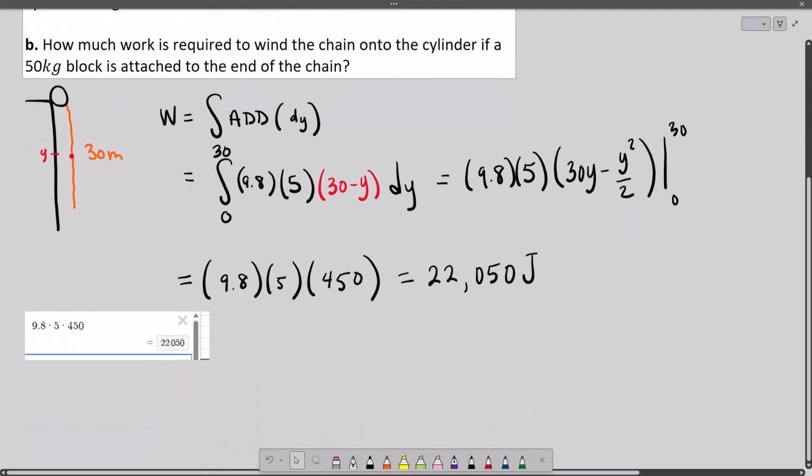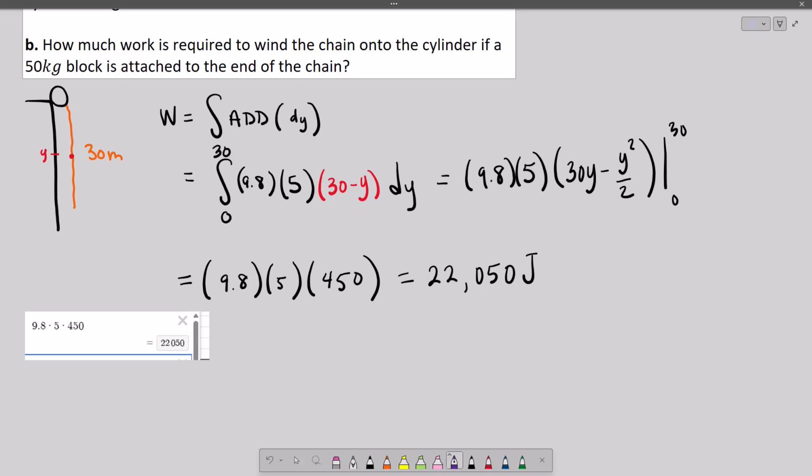So, up the ante a smidge. Let's suppose we have a 50 kg block at the bottom. If we're going to lift a block vertically, all we have to do is mgh.